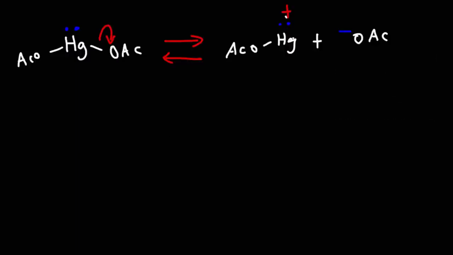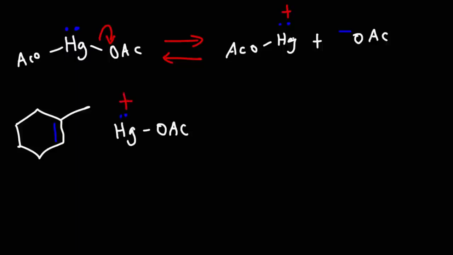Now once we form this mercuric cation, we can react it with an alkene. So mercury has a positive charge. Therefore, it's an electrophile.